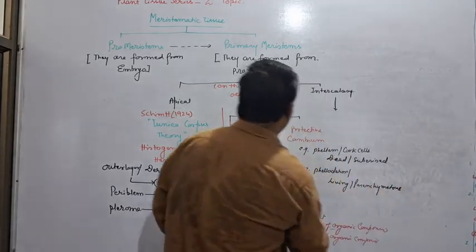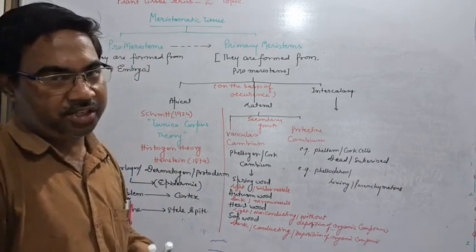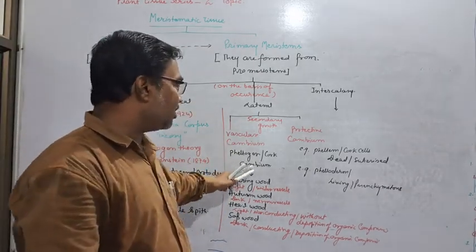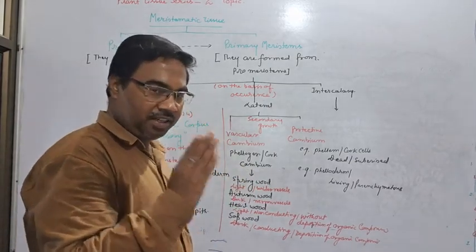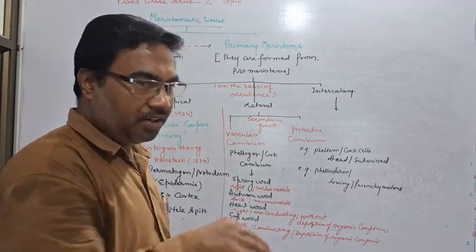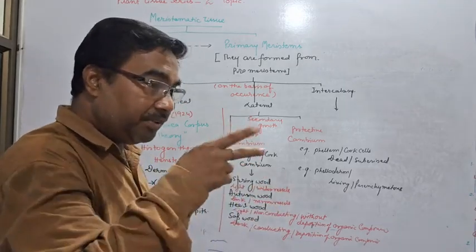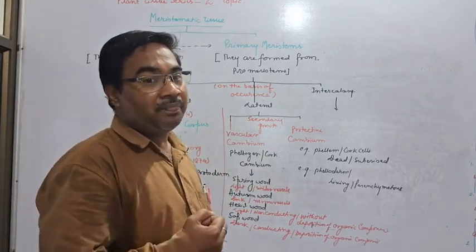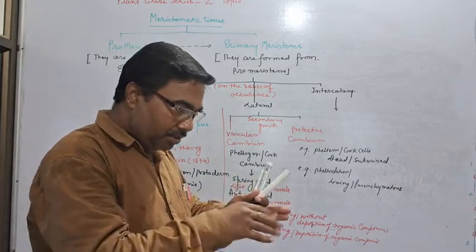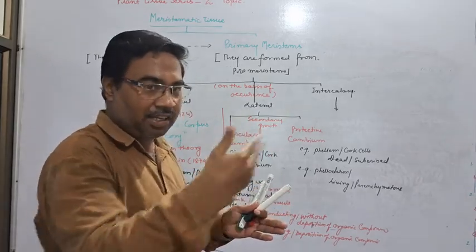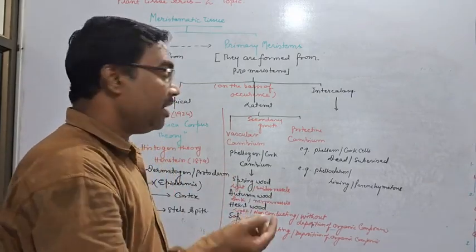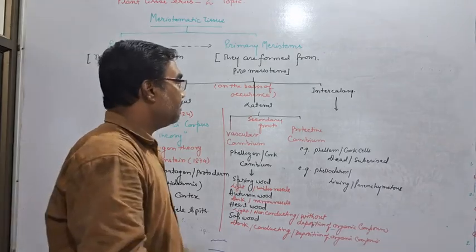So these are the properties of lateral meristematic tissue. These words, phellogen and cork cambium, are found nearby xylem and phloem. If the cambium is found inside, between xylem and phloem, it is called intrafascicular cambium, and if it is found between two vascular bundles, in between, these are called interfascicular cambium.